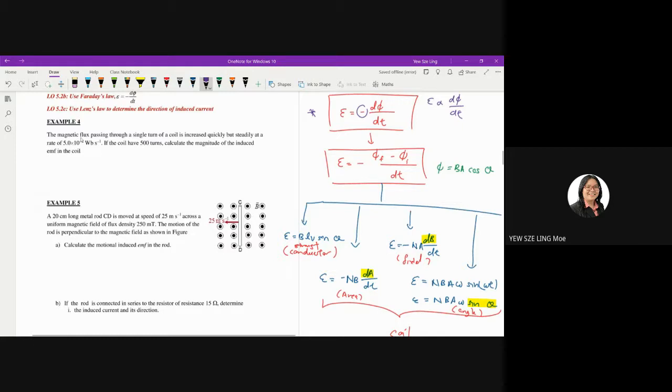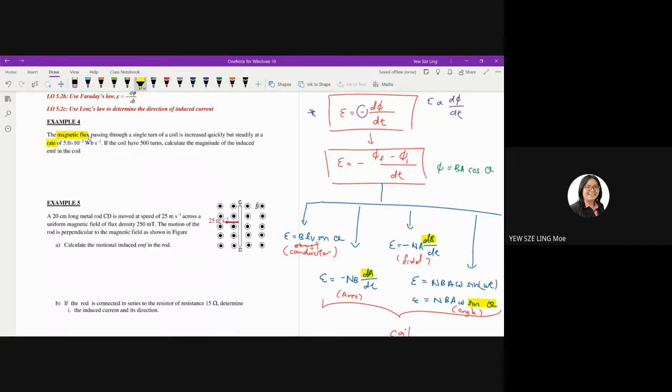So now example 4. The magnetic flux passing through a single turn of coil increases quickly but steadily at a rate. So now you have a magnetic flux rate.